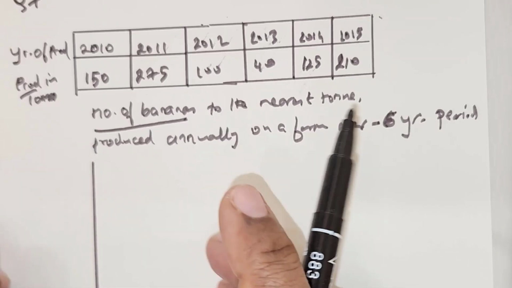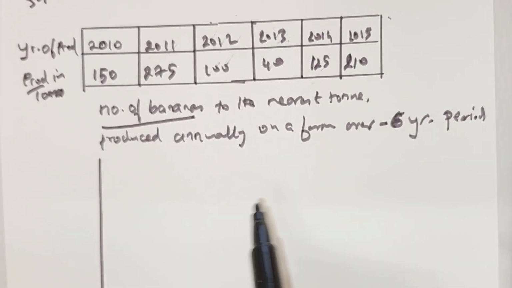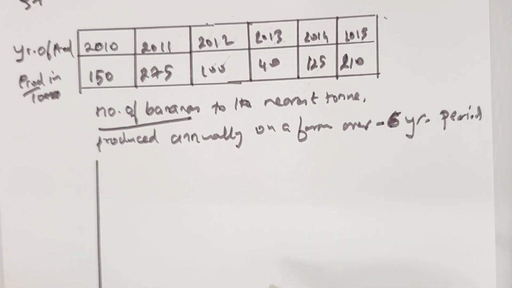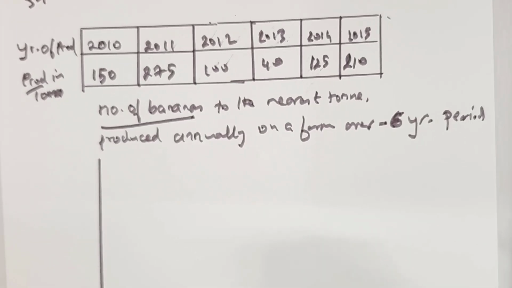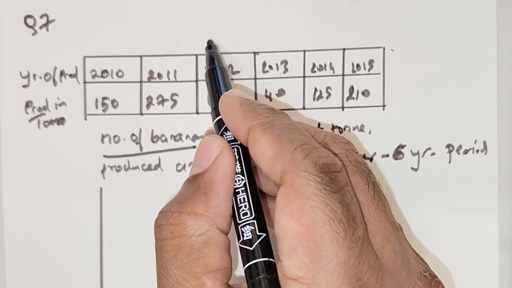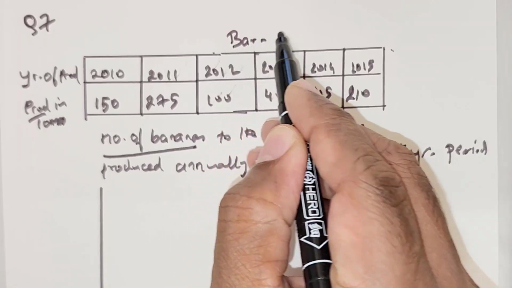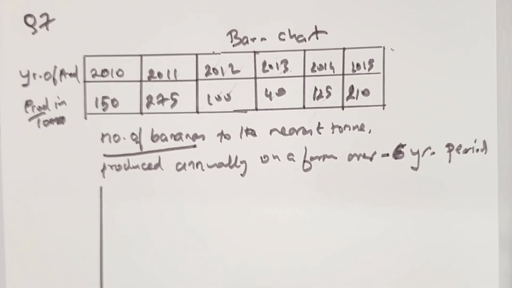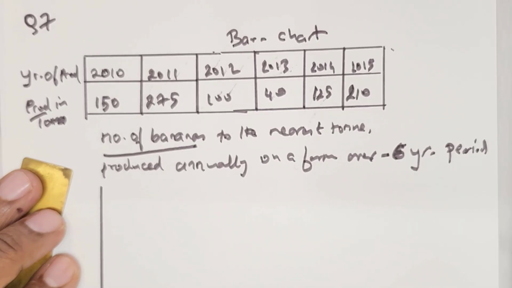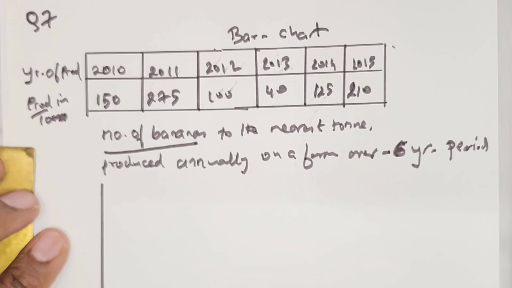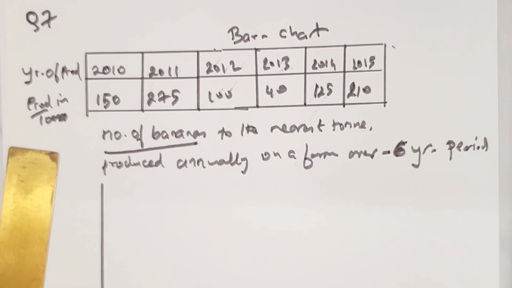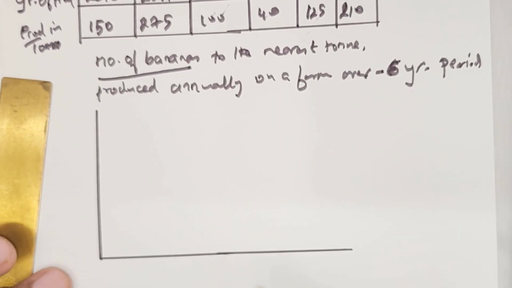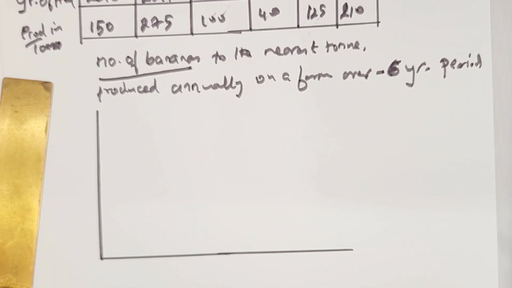Now what we will do is, we will first draw a line like this. Now this is going to be a bar chart. Now, we have to know the name of the chart. This is called a bar chart. So we will have to list out the tons, right? So we will have to spread it in this diagram.